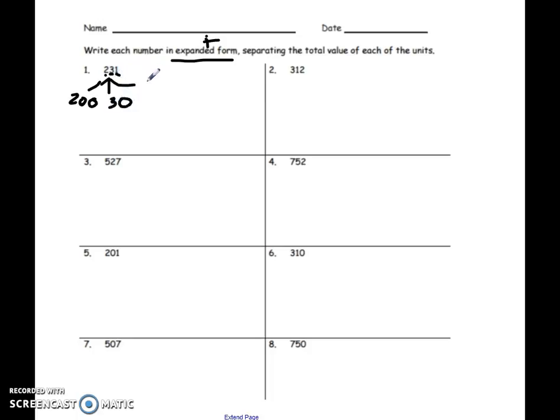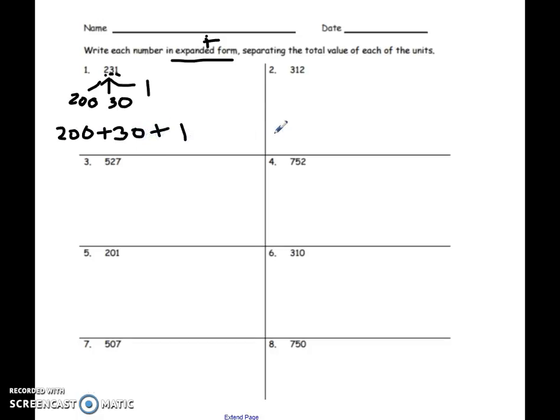And here I have 1 one, which is a 1. Now I'm going to use this number bond to help me write expanded form. So I'm going to write 200 plus 30 plus 1 to get my expanded form.